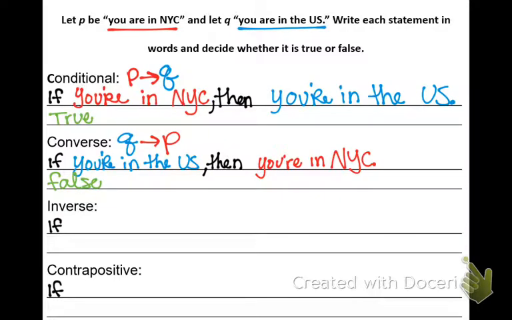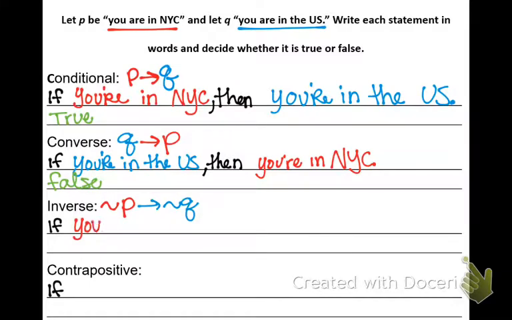All right, we get down to the inverse. Which comes first, hypothesis or conclusion? Hypothesis. And what do we do with these since it's the inverse? We negate. So negate the hypothesis, and then we negate the conclusion. All right, so my hypothesis is you are in New York City. What is the negation of that?